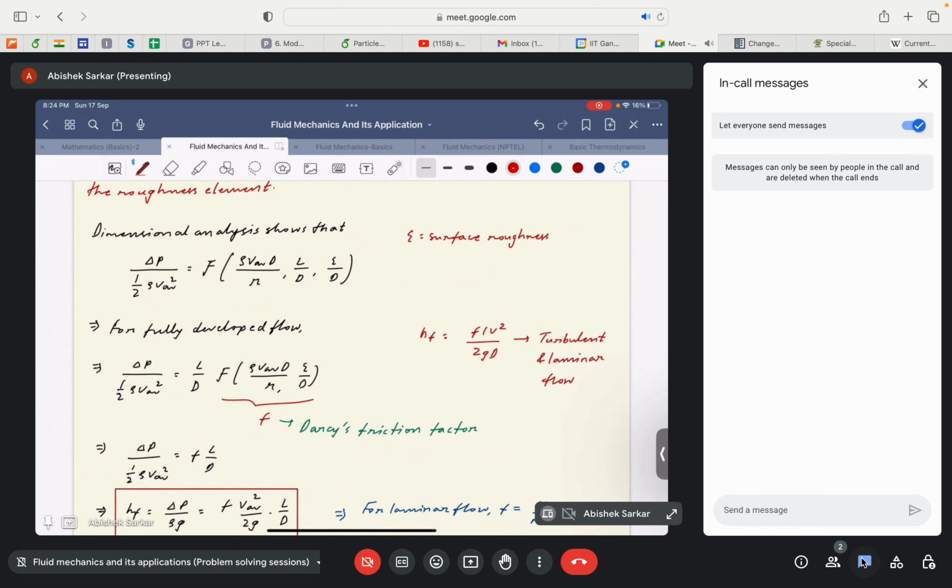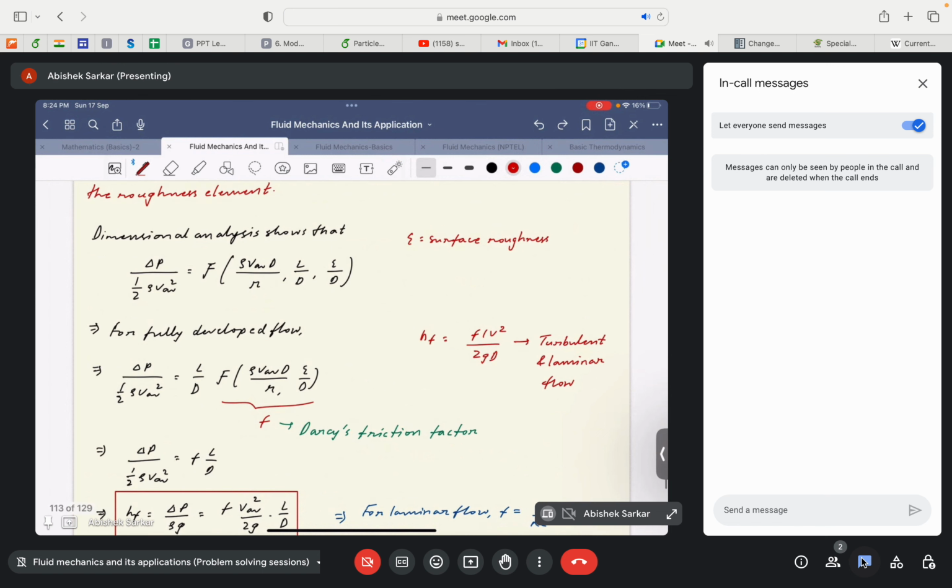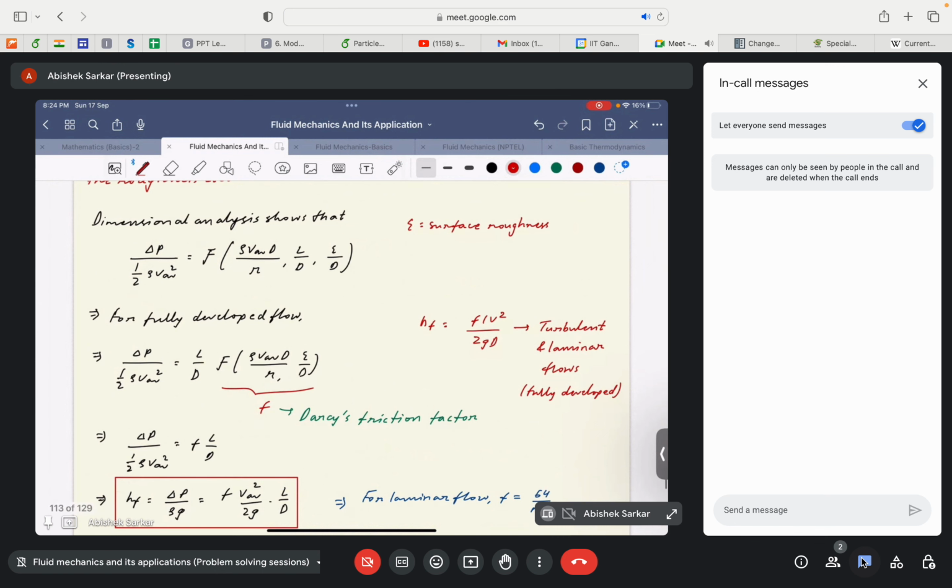It's very important, and the flow should also be fully developed. That's why the dependence on the length of the pipe goes out in the case of a fully developed flow, so it becomes quite simple. Here you can see that f is only a function of the Reynolds number and the ratio of the surface roughness and the diameter of the pipe.